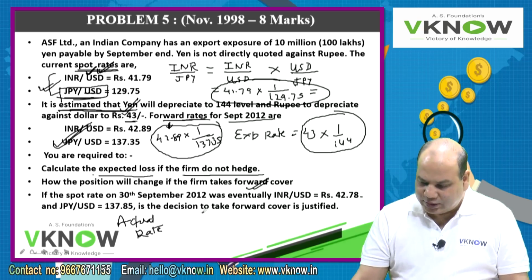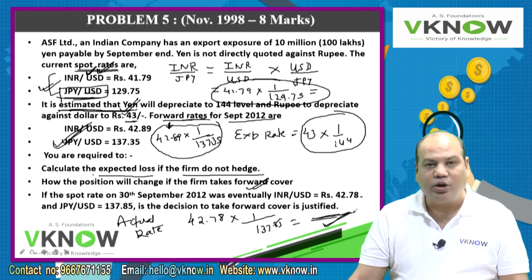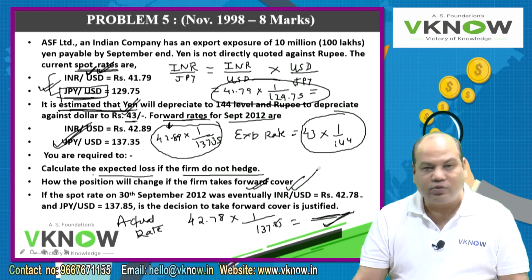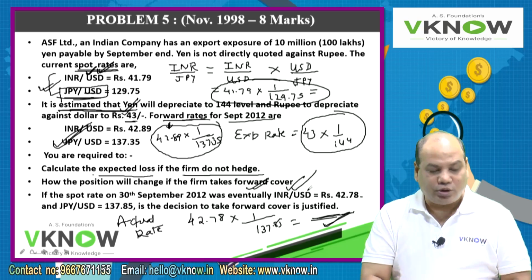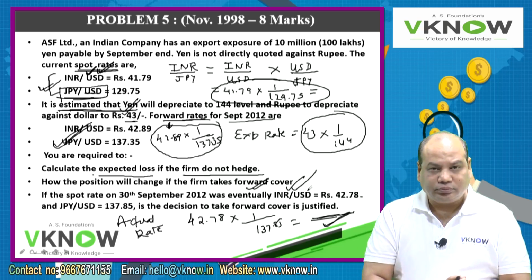Okay, that you found that the actual rate was 42.78 into 1 by 137.85. So this will give you the actual rate. Compute rupee inflow at actual rate. Compare with rupee inflow at forward rate. And then answer this question whether the decision to take the forward cover is justified or not.